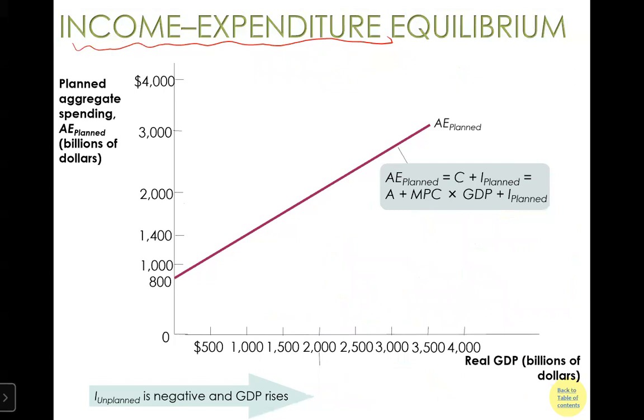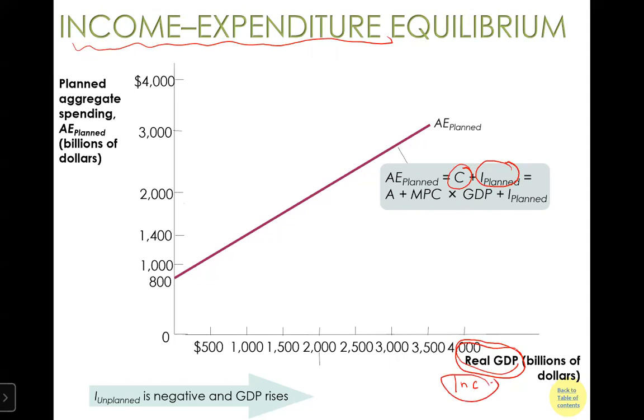Graphically, we are going to write C as a function of income. Here we write real GDP, but this is just income, because income equals real GDP. And we look at I as a function of real GDP, but again, this is income.